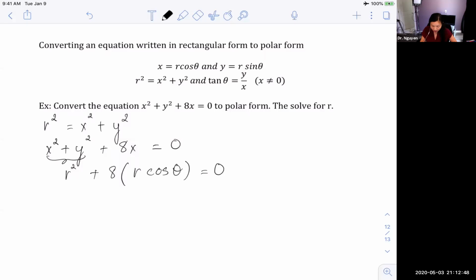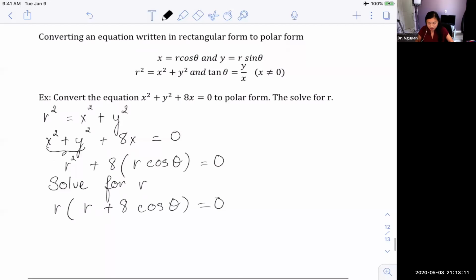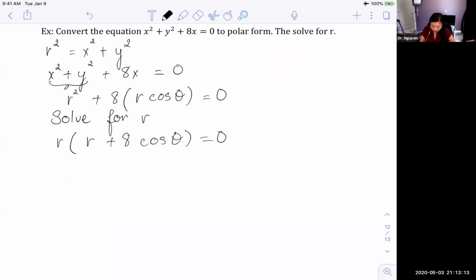Based on the equation here, I can definitely take out the r because we want to solve for r. So I can just factor out r times r plus 8 cosine of theta equal to 0. All right, this is just purely solving a quadratic equation, right? So we have r equal to 0, or r plus 8 cosine of theta equal to 0.